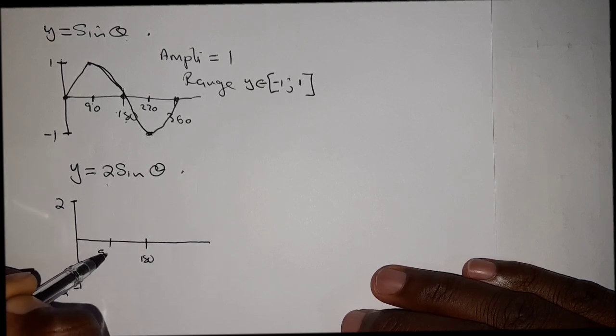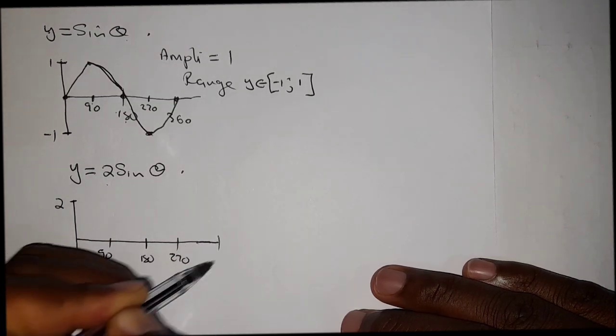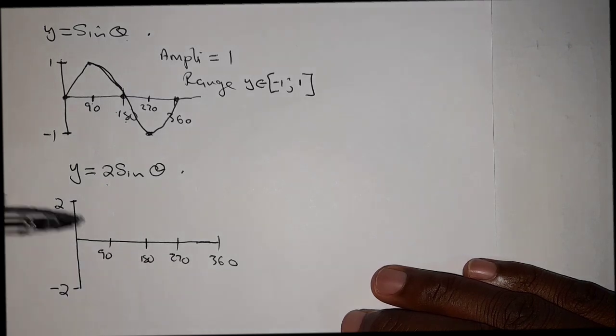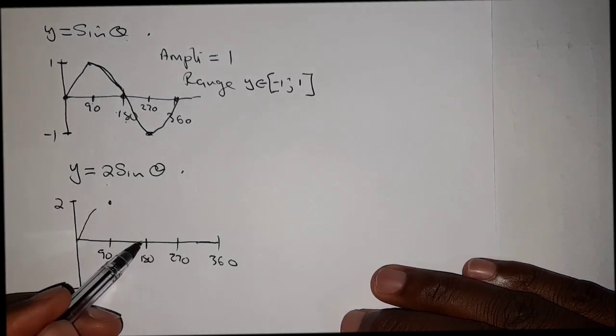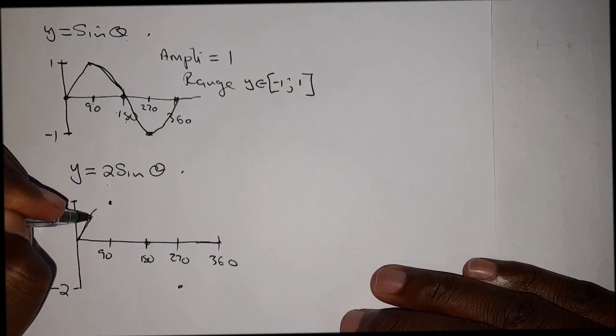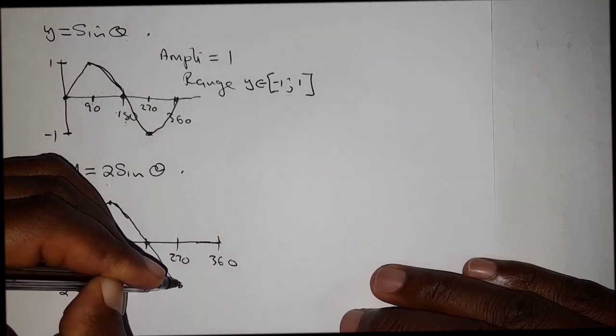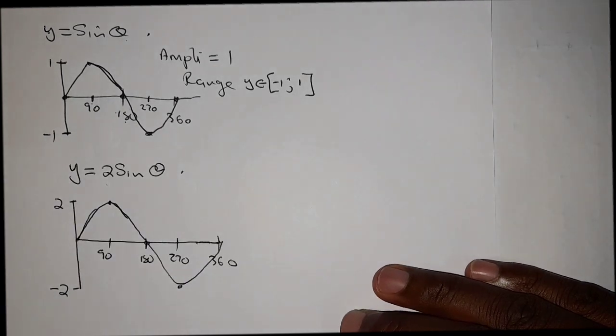180 here, 90, 270, 360. So it goes up. These are the values, this one, and this one, and then we join them, right?